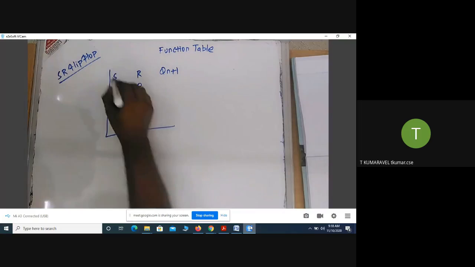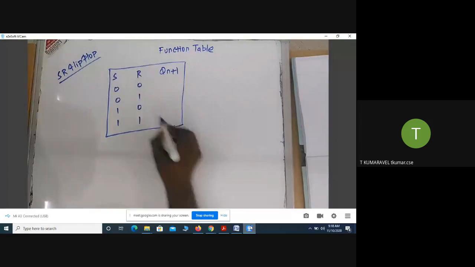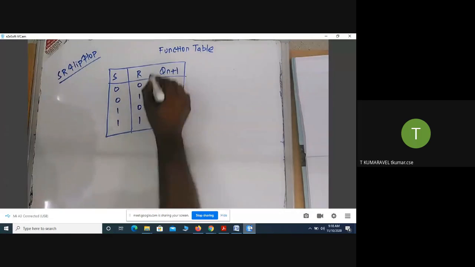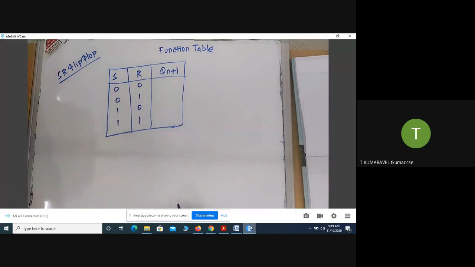What is the function table for SR flip flop? Deva?